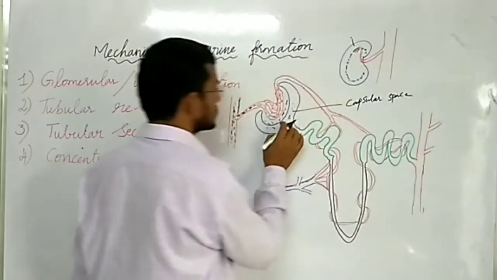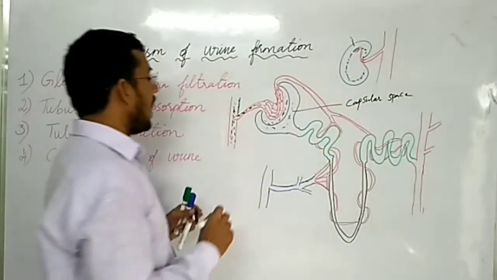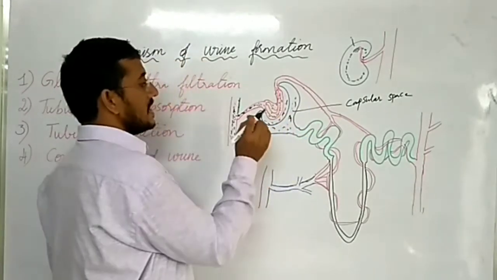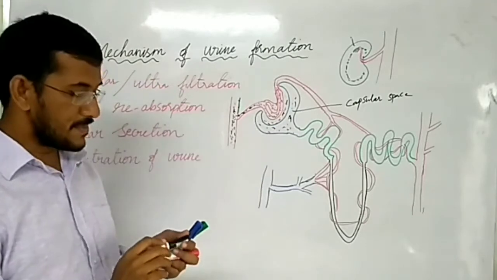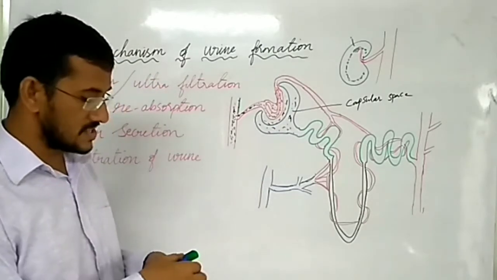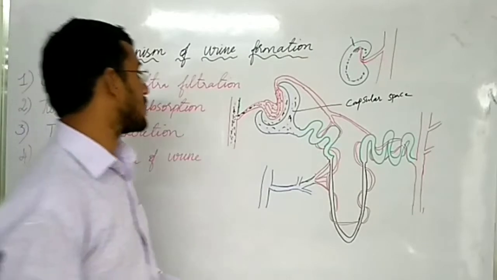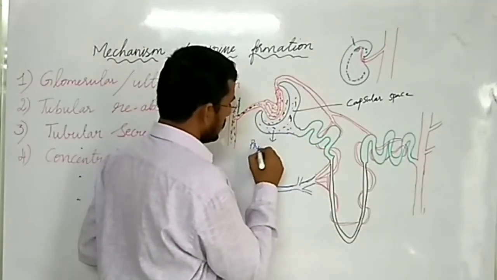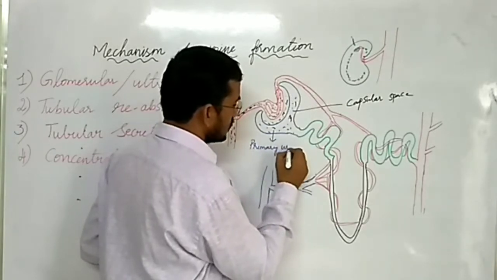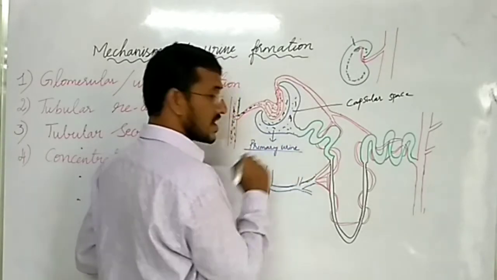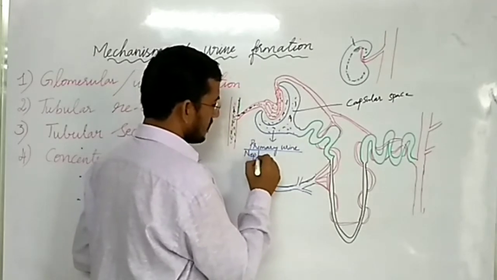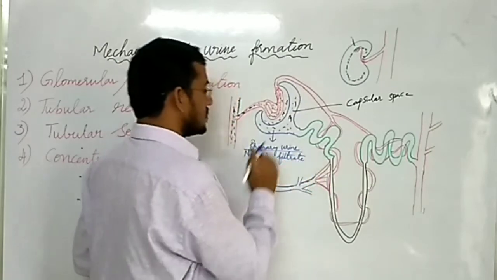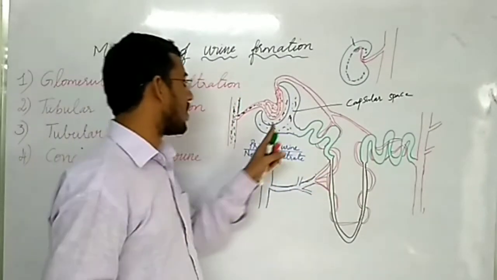This is called nephric filtrate or primary urine.